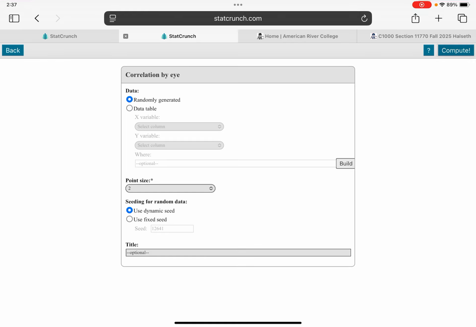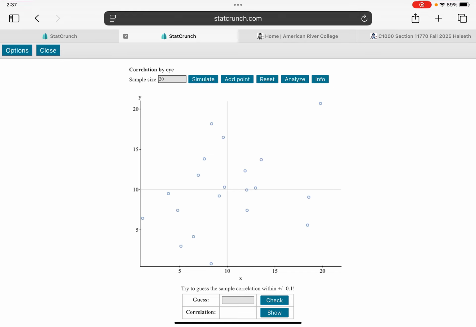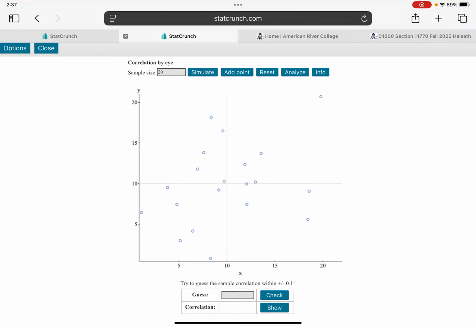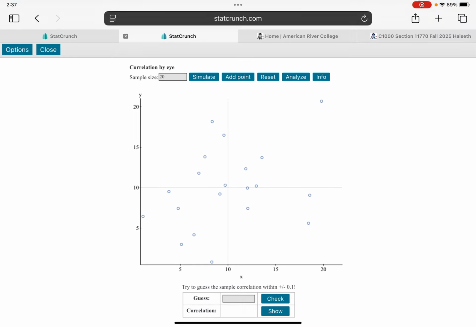You can just click on compute, and it gives you a random scatter plot. You can guess what you think that R would be, or you could just show it. And that's 0.34.